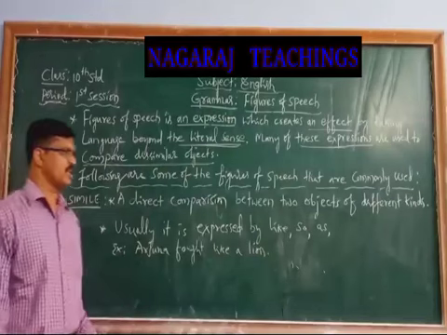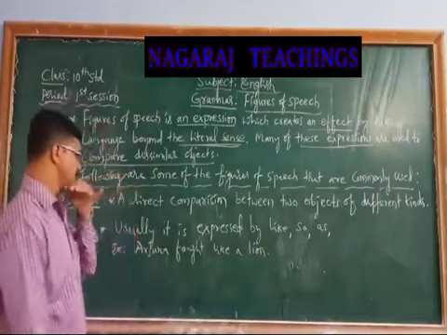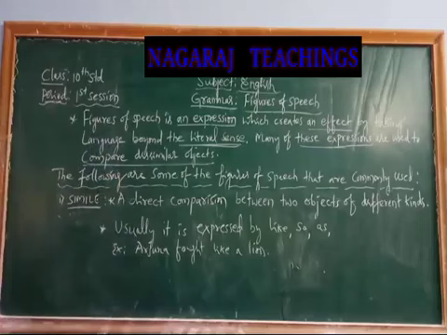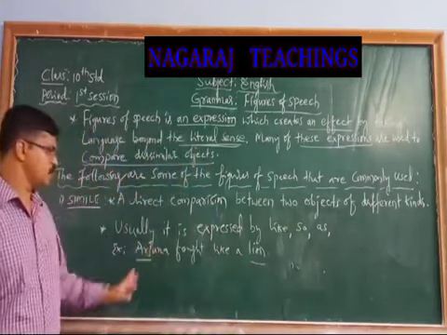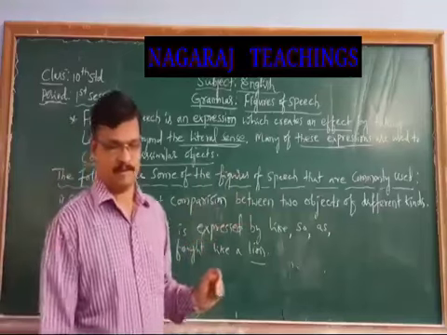Here, two different objects, two different things. There is Arjuna and lion. So it is compared. Arjuna is compared to lion here.